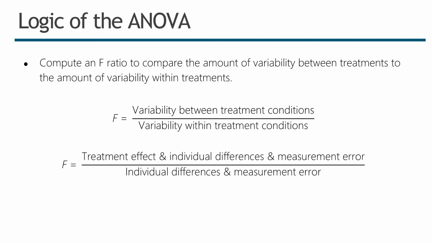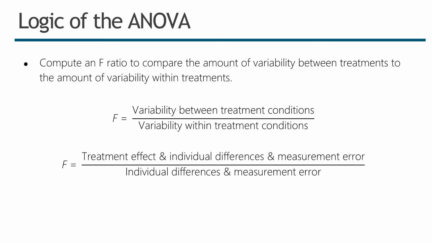You treated your different groups differently in your study, and so you'd expect them to have different levels of scores. You also are going to have variability due to individual differences because you have different people between your 3 treatment conditions with that one-way independent measures ANOVA. And then you also always have the potential for measurement error.